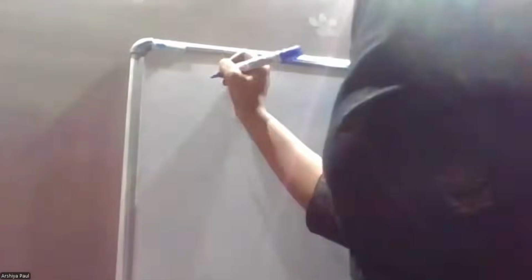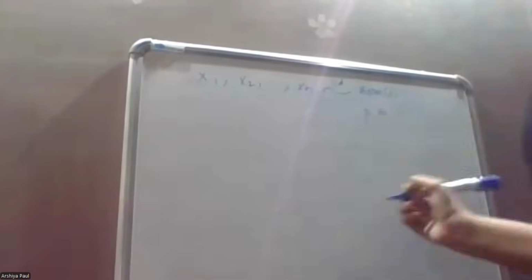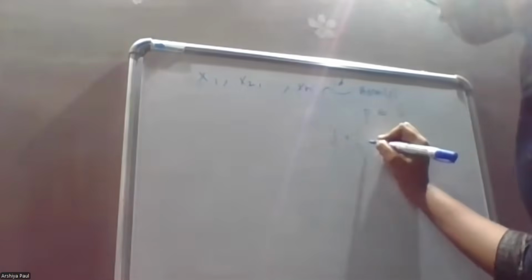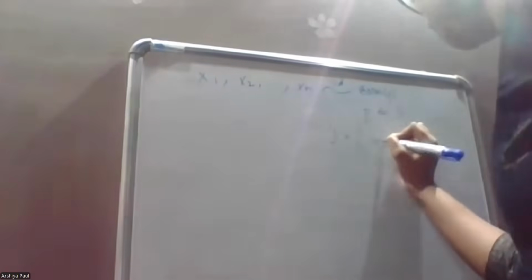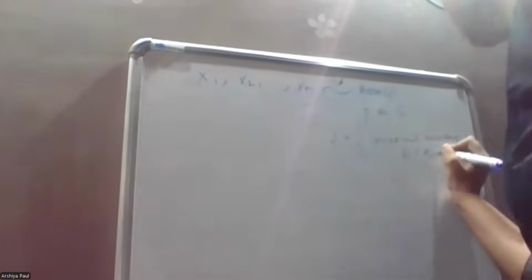Let's say I have a random sample from a Bernoulli P distribution, and the parameter space that I have decided for P is that it belongs to this set S, which is the set of all irrational numbers lying between 0 and 1.